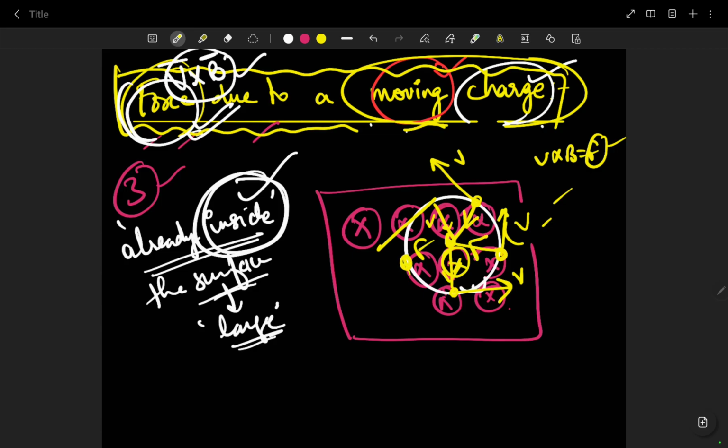Even if you want to measure it here, this is velocity, right? You keep your four fingers towards this and curl them towards the inside, and you will end up getting the thumb direction upwards, right? All the times, everywhere, tangentially, throughout the circle, the force is acting towards the center. So that means here also the path is circular.